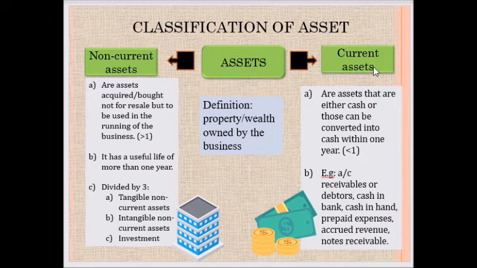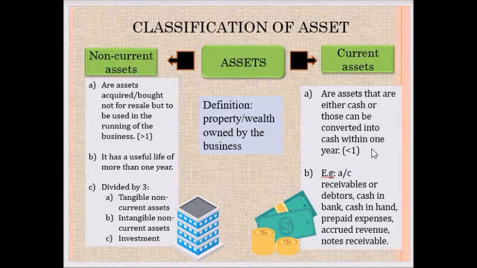Current assets are assets that are either cash or those that can be converted into cash within 1 year. So to put it simply, it's an asset that you can gain within a year. For example, account receivable or debtors, cash in bank, cash in hand, prepaid expense, accrued expense, or notes receivable.